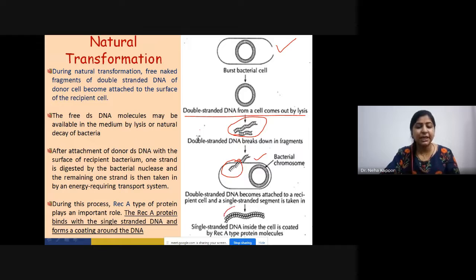Once the single stranded DNA is entered inside, a REC-A protein plays a very important role, because the single stranded DNA would be coated with the help of multiple REC-A protein subunits, so as to provide it stability so that it shall not get degraded.